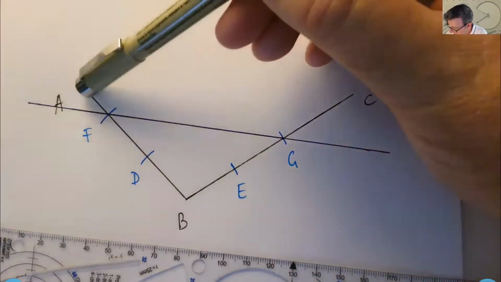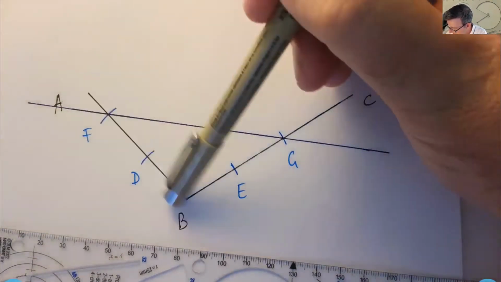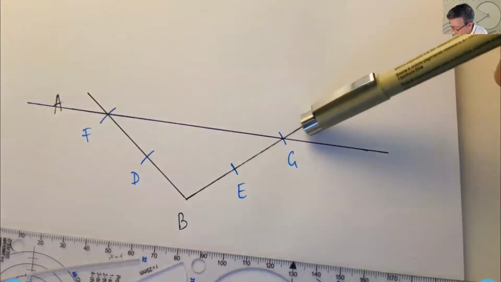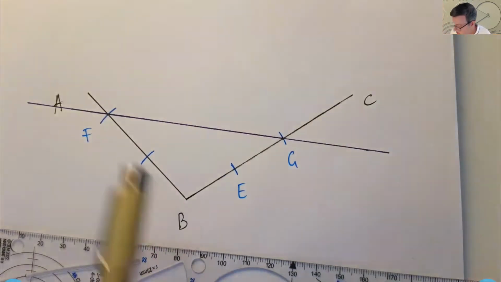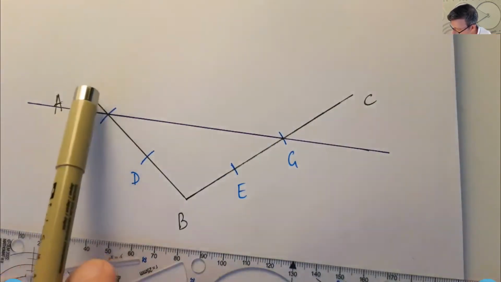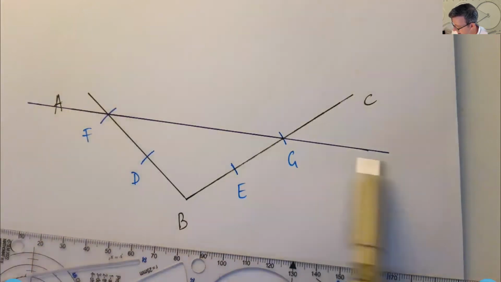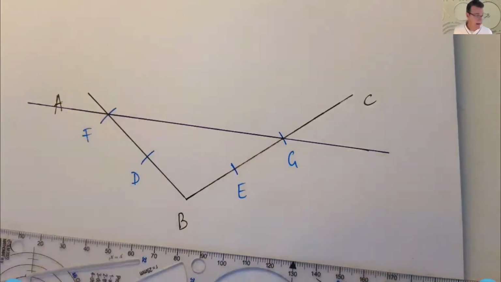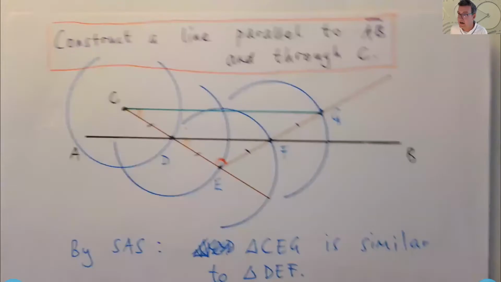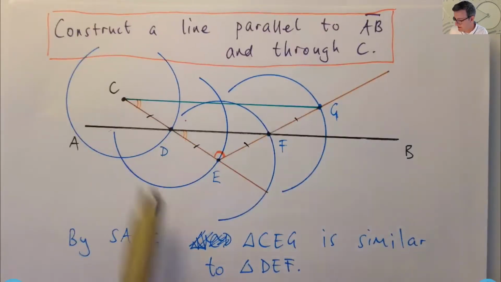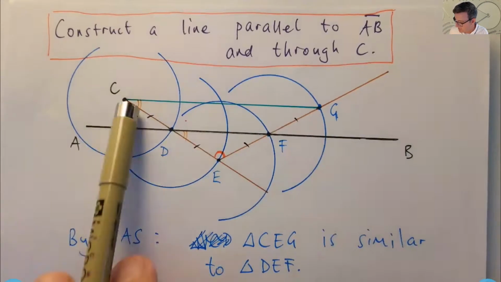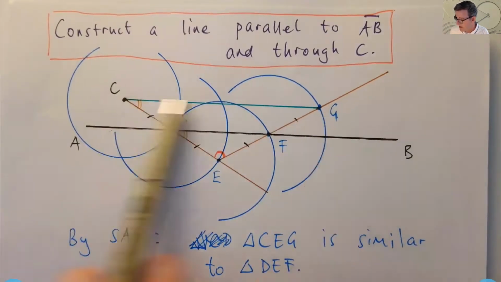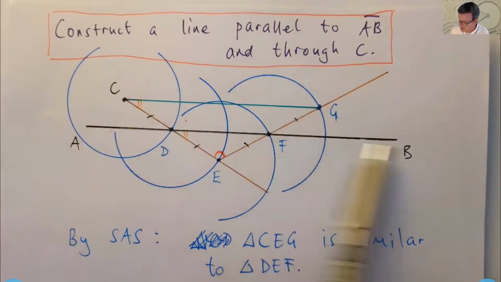So how do I get this length over here? Well, one way is to construct a line through A that is parallel to AG. And if you remember, I actually did this in a previous video. You've got a given line segment and a point, construct a parallel to the given line segment.